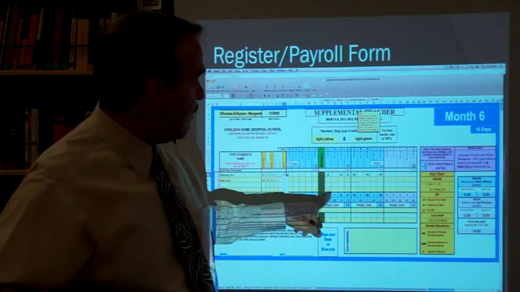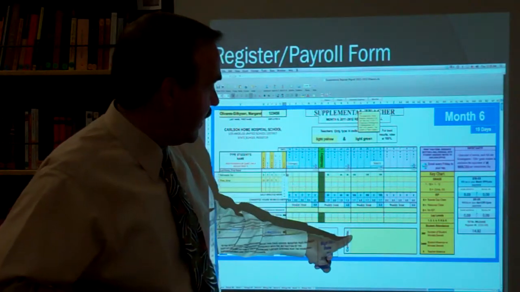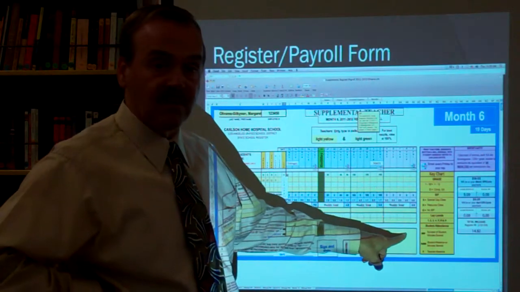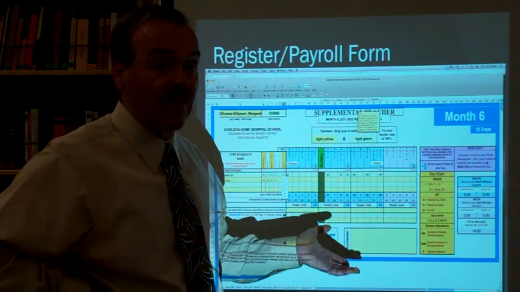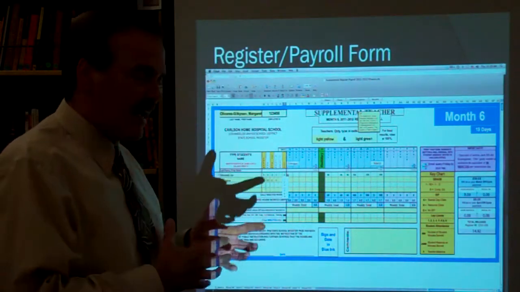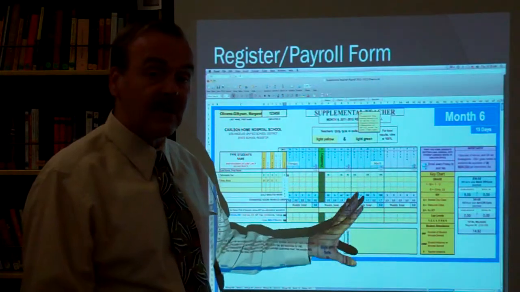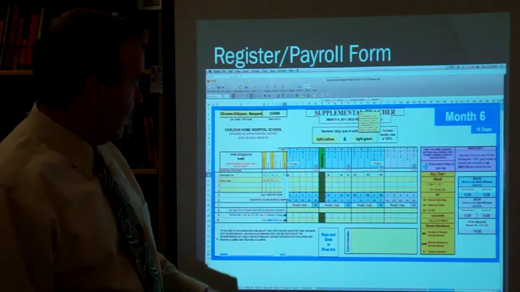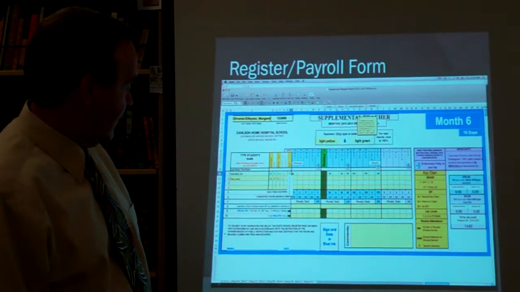So down here you might say, on whatever date that is, February 20th or whatever, I scheduled for 60 minutes, but the student took ill after 30 minutes. So you make those types of notes if you need to. Generally speaking, we have nothing in here, but if you need it, it's there. Okay, we've got that. Took care of that one again.